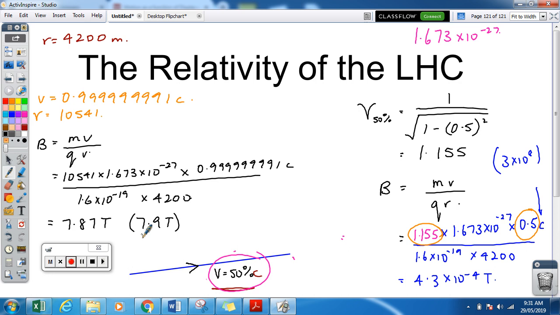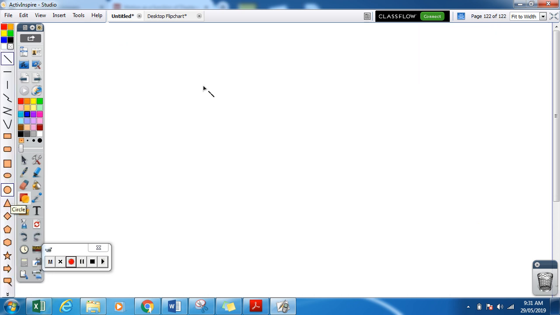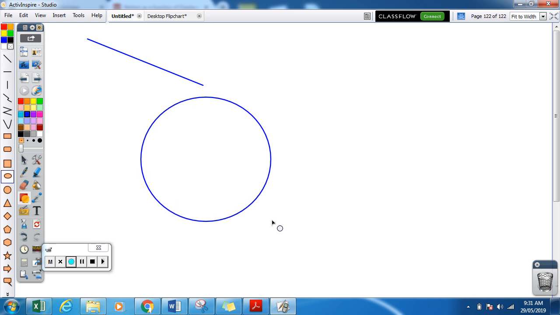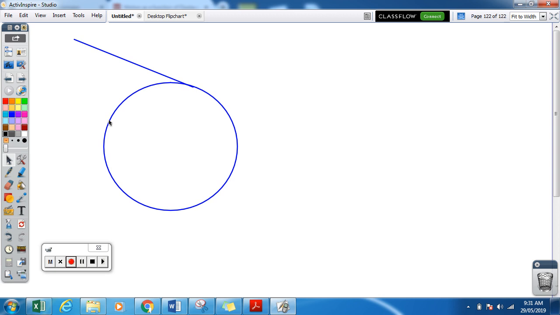And that's the recorded value on their specification sheet of the maximum magnetic field that is used as the collider works. So, in recap, we have our collider, and our collider has an entry of protons with a velocity that we just chose randomly at 0.5c.